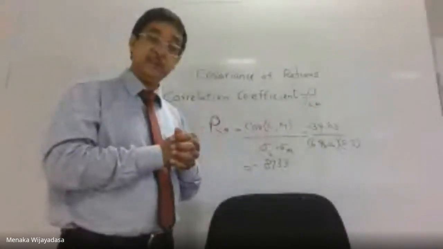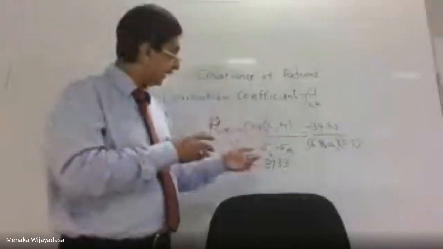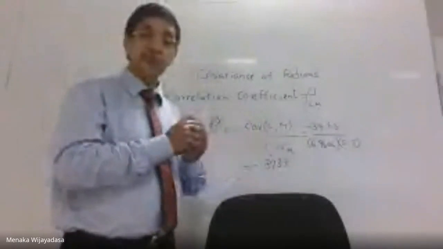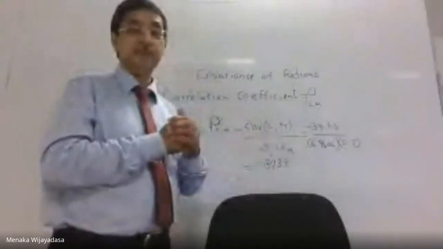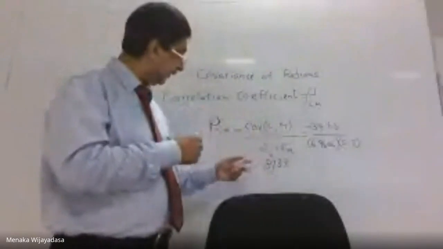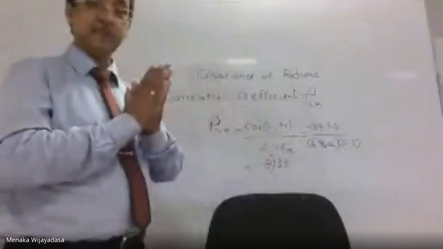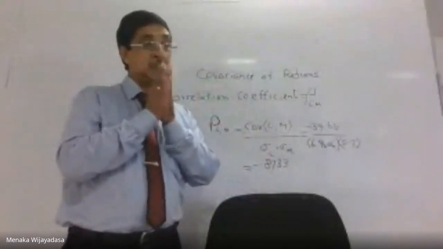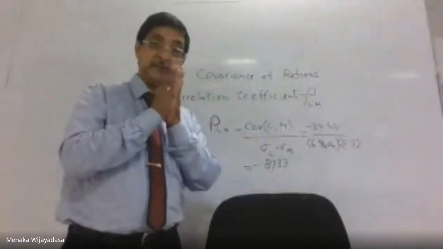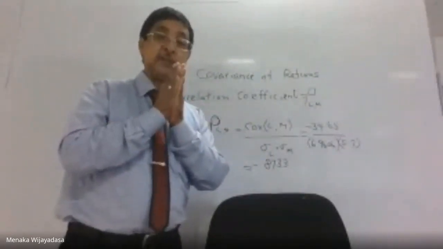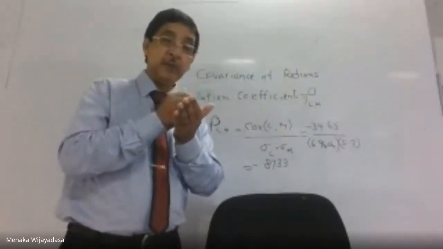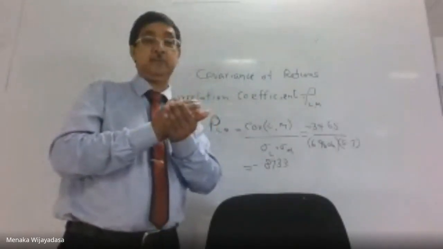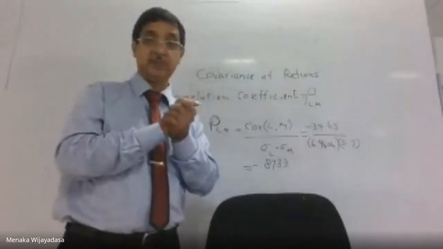If you get a figure higher than 0.5, then we call it a significant relationship. 0.87, even though it is minus, we call it a negative relationship. If you get a positive figure, 0.90 or whatever, we say the two asset returns are positively related by 90%. That is how we put it.